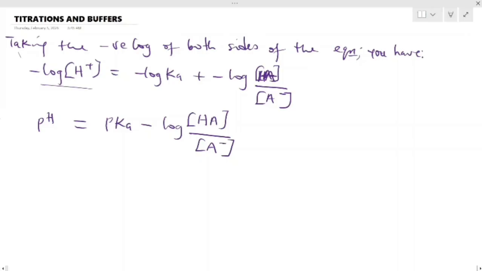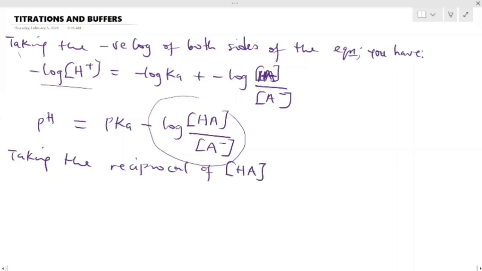However, generally, we don't leave it like that. We tend to put in a plus sign, and that simply means taking the reciprocal of this. So when we do that, we write taking the reciprocal of concentration HA over concentration A minus.